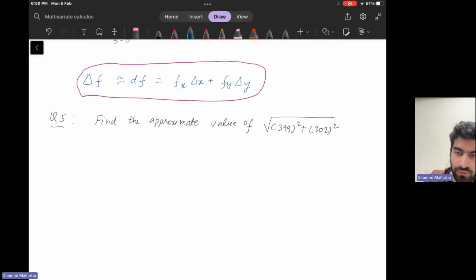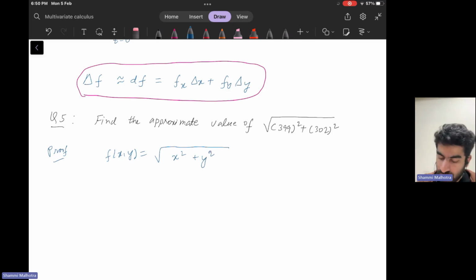So for this I have to define one function. I will define my function as f(x, y) equal to the square root of x square plus y square. Okay, and then the initial point which I would like to take, where I can easily calculate the squares, would be x equal to 400 and y equal to 300, right?